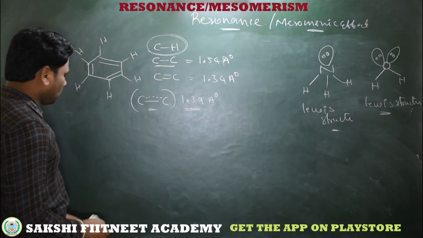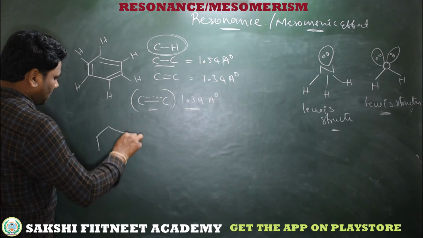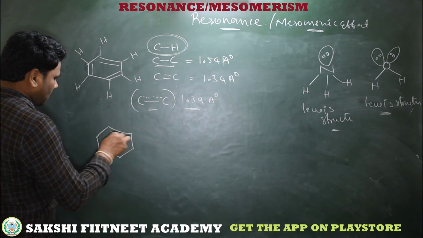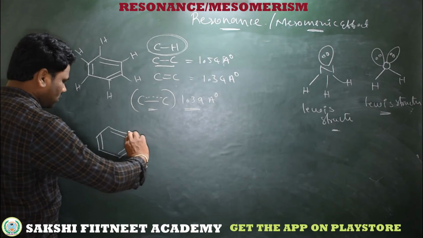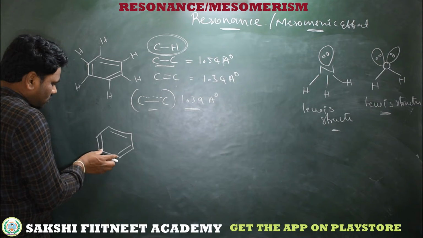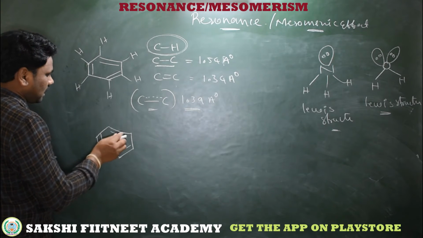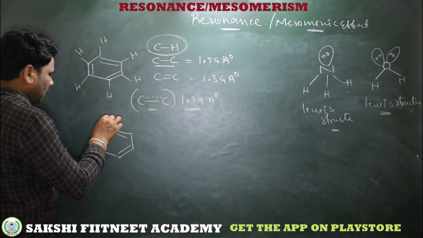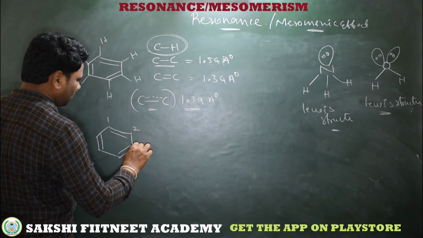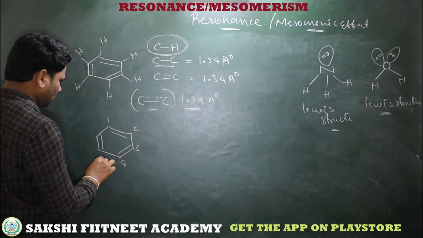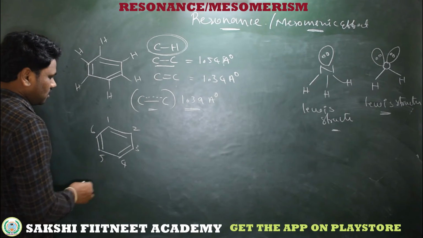That is due to the shifting of these pi electrons from this position to this position, this position to this position. To identify clearly, I am giving numbering: first carbon, second carbon, third carbon, fourth carbon, fifth carbon, sixth carbon.